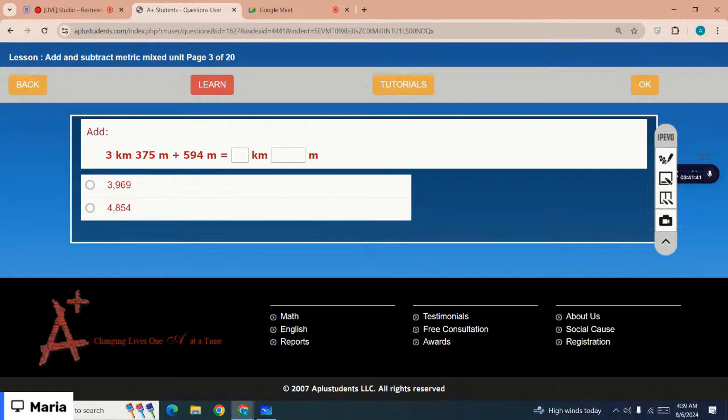The correct option is option number 1. That is 3 kilometers and 969 meters.